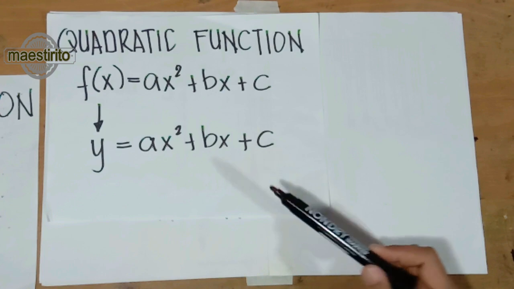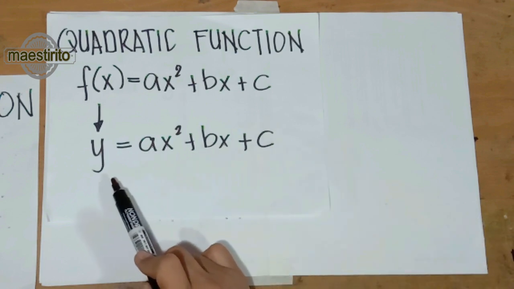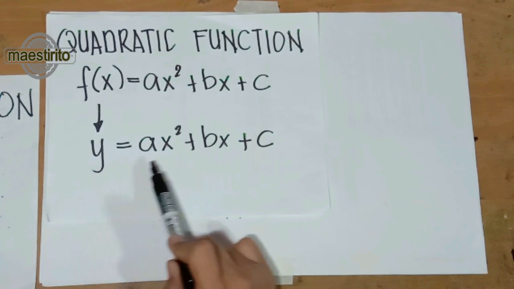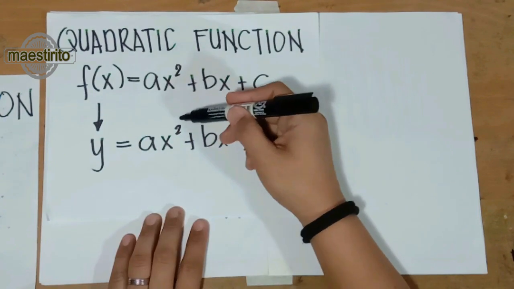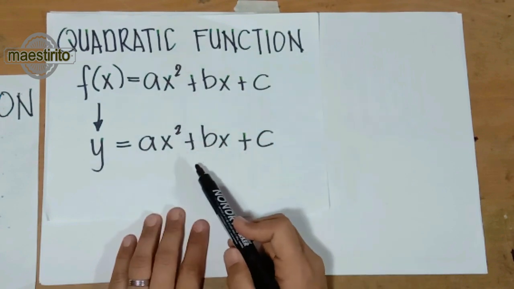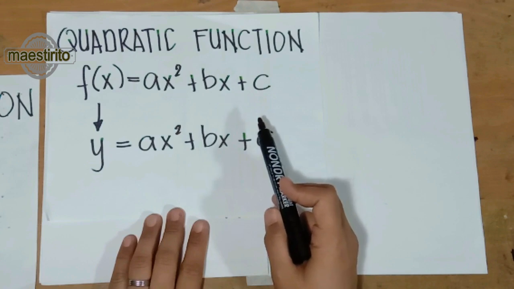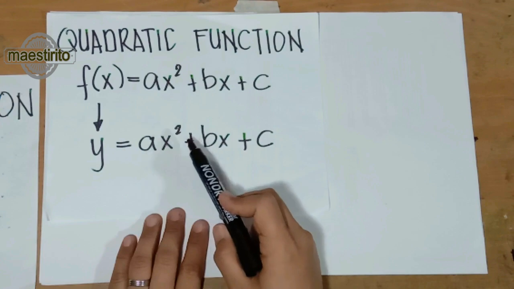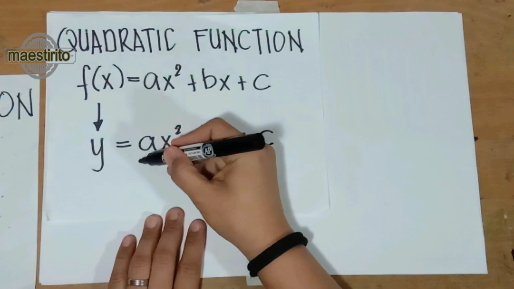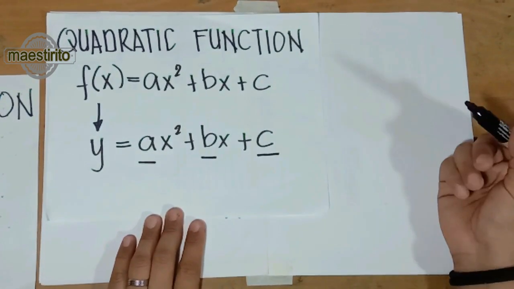If you are going to notice, this function also has two variables, the y and the x, and one of them is at the second degree. If one of the variables in your quadratic function is raised to 2, then that makes this function or equation quadratic. And in a quadratic function, you have three constants: a, b, and c.